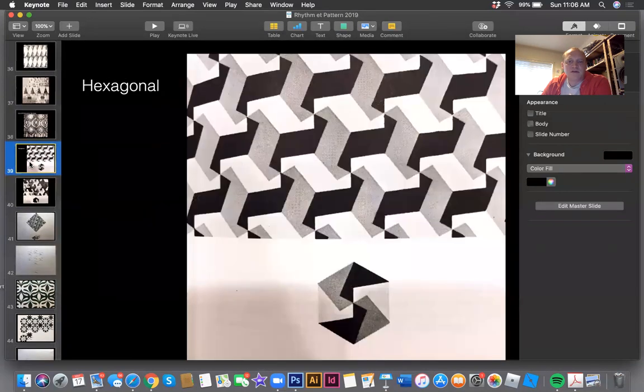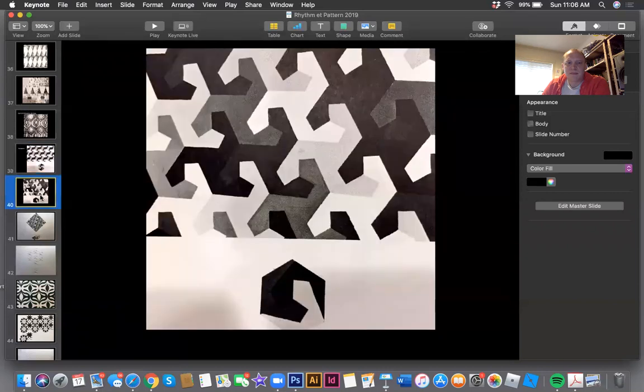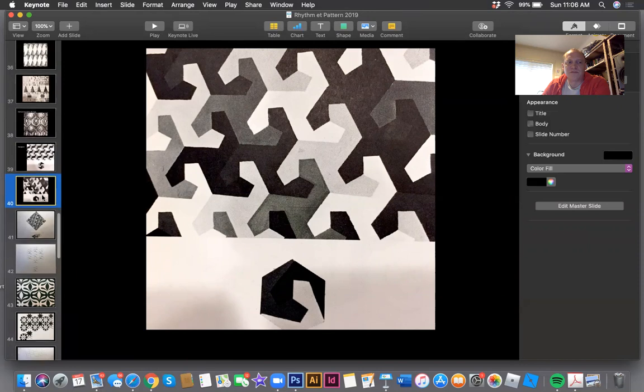Now, we can take it further. Here's a six-sided original cell, and when that is put next to itself, we get these really interesting effects. This one maybe even more so.